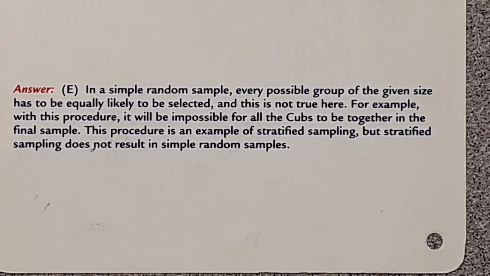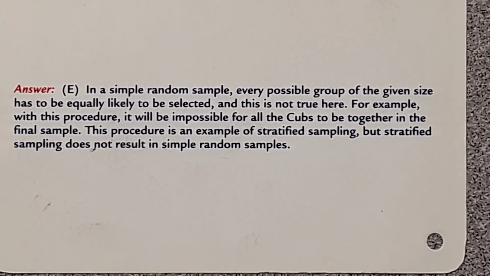That makes it stratified. Okay, so it's just like with you guys, if I asked you a question, I said I want freshmen, sophomores, juniors, and seniors, and I took a sample of each group and then I put them together, there was never a chance that my entire sample would be made of seniors. So that is the question.